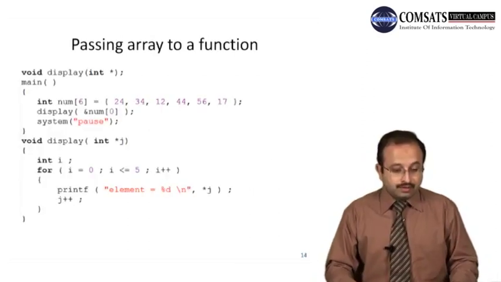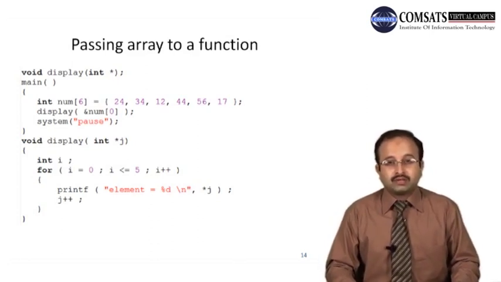Then we come to the topic where we are passing an array to a function. In the previous lecture, I have shown you how we can pass an individual element of the array to a function, where we are passing the individual element by value and by address.